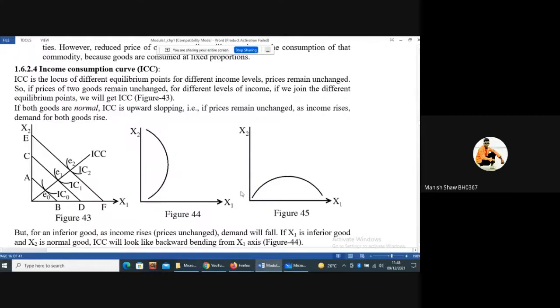So ICC is the locus of different equilibrium points for different levels of income, prices remaining unchanged. So if prices of two goods remain unchanged for different levels of income, if we join different equilibrium points, we get ICC. So it's like this. So E0, E1, and E2 are equilibrium points.